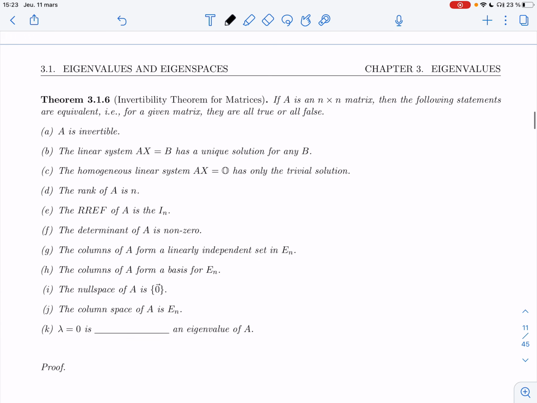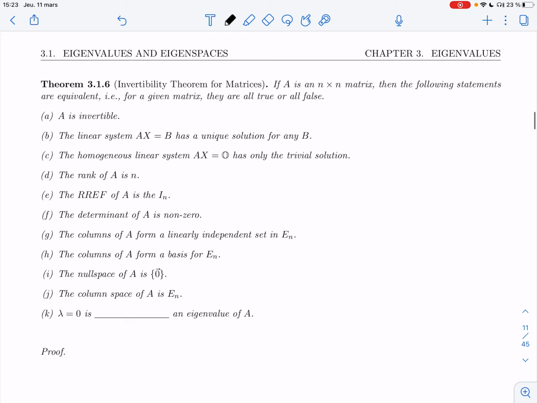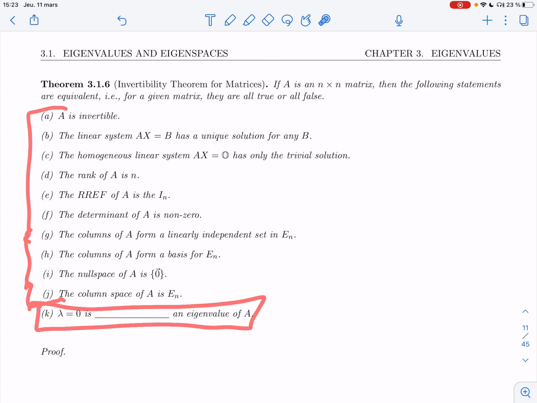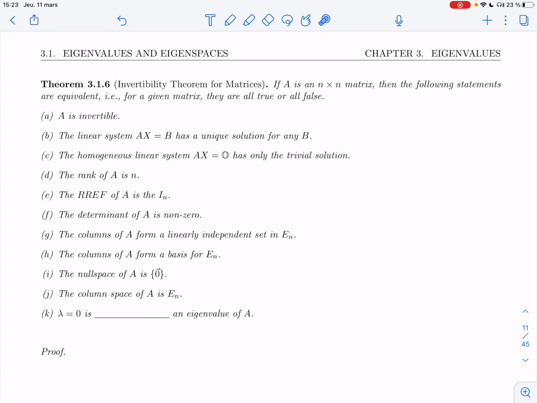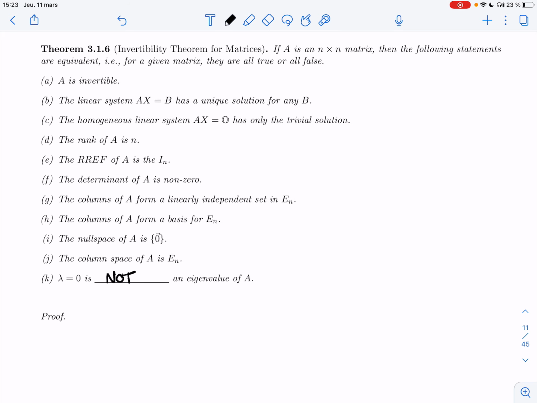So let's see. This is our old-fashioned invertibility theorem for matrices. If A is an n by n matrix, then the following statements are equivalent. For a given matrix, they're all true or all false, and we have the ones from before. And then we're adding one: lambda equals 0 is not an eigenvalue of A. So let's see.